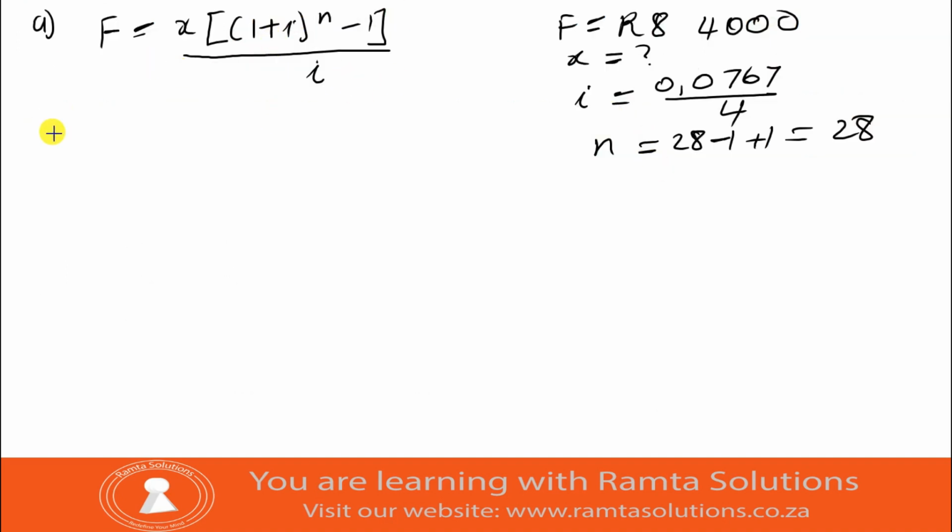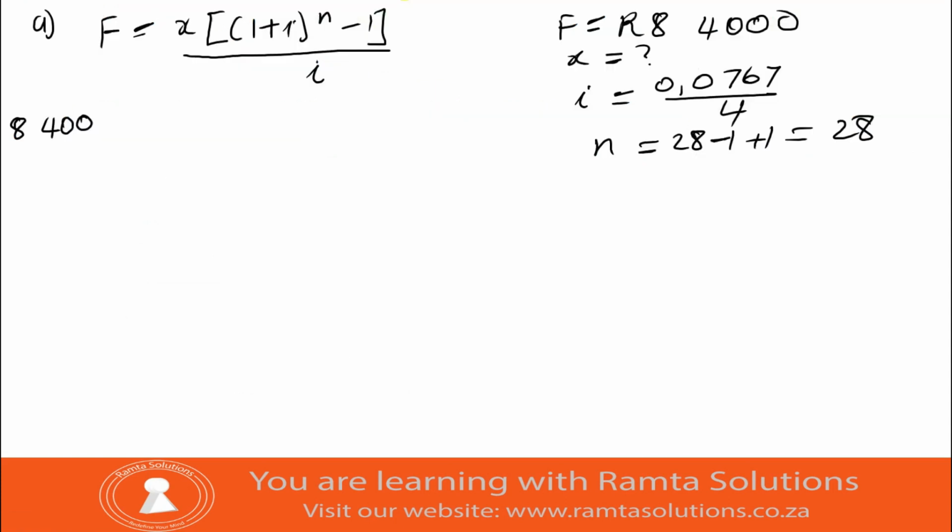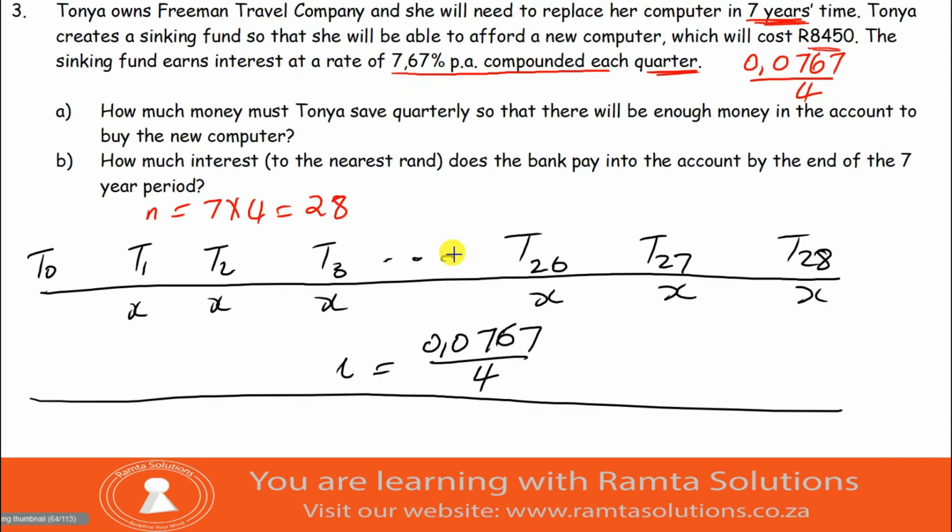Now, let's try to find this x. I will use that way of just plugging in the values. So this is 8,450. My mistake. 8,450 equals x into, I hope the interest was 0.0767.